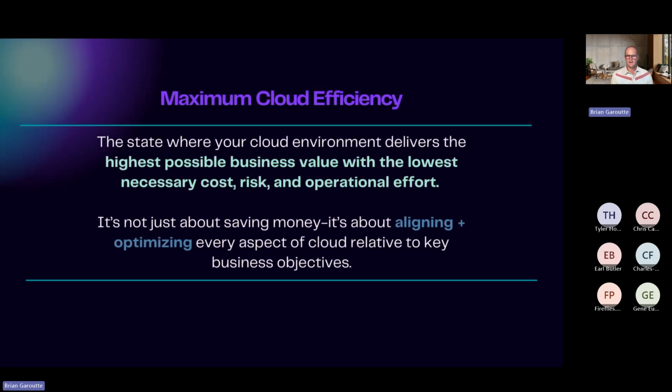Same slides that I've covered previously: what is cloud efficiency? Maximum cloud efficiency is where you're delivering the highest achievable business value at the lowest necessary cost, risk, and operational effort. It's not just about saving money. It's aligning and optimizing every aspect of the cloud relative to business objectives.